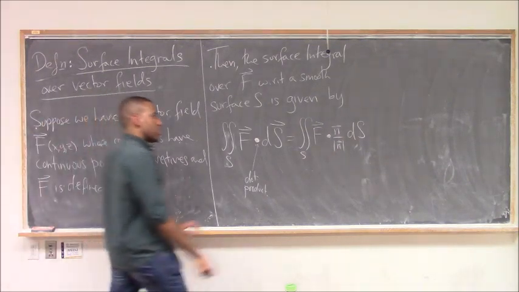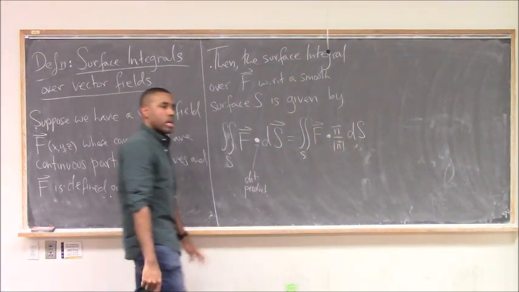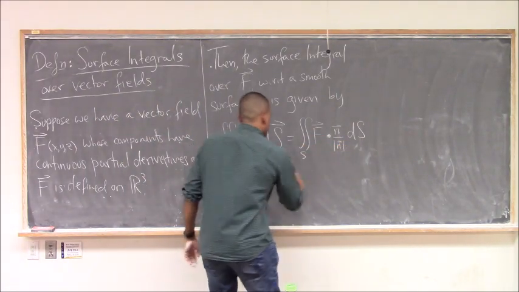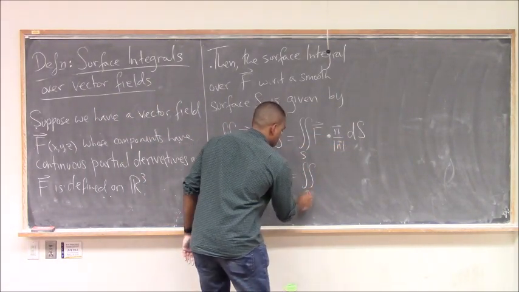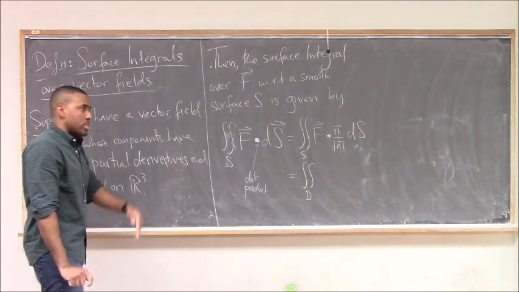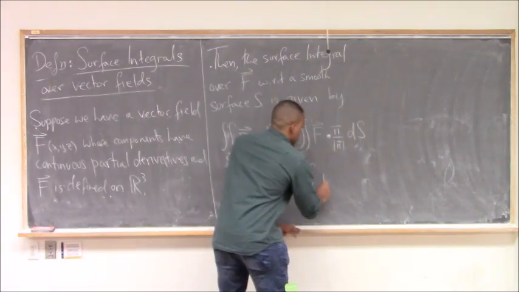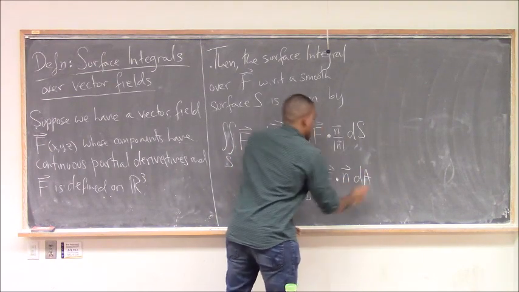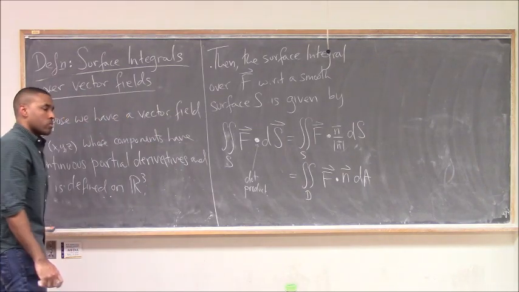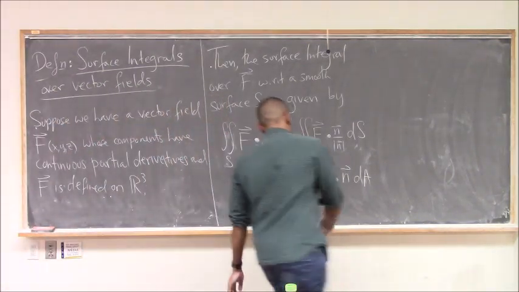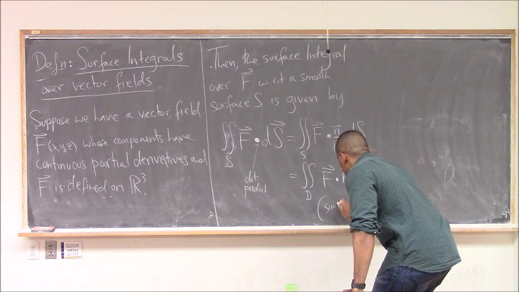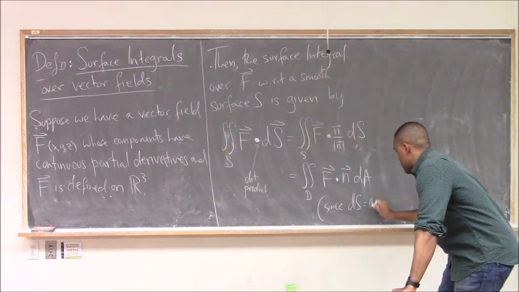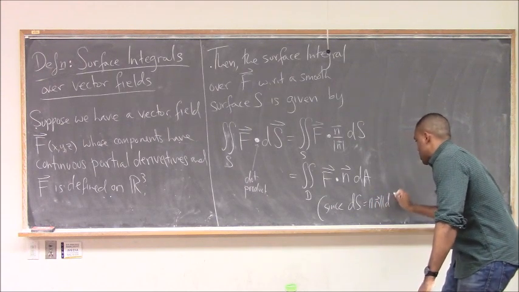Notice the definition here takes the unit normal into account, but we know that dS is just the magnitude of the normal times dA. So if I go down to the region D, where I'm changing it back into rectangular coordinates, this just becomes F dot N dA, since dS is the magnitude of N dA.